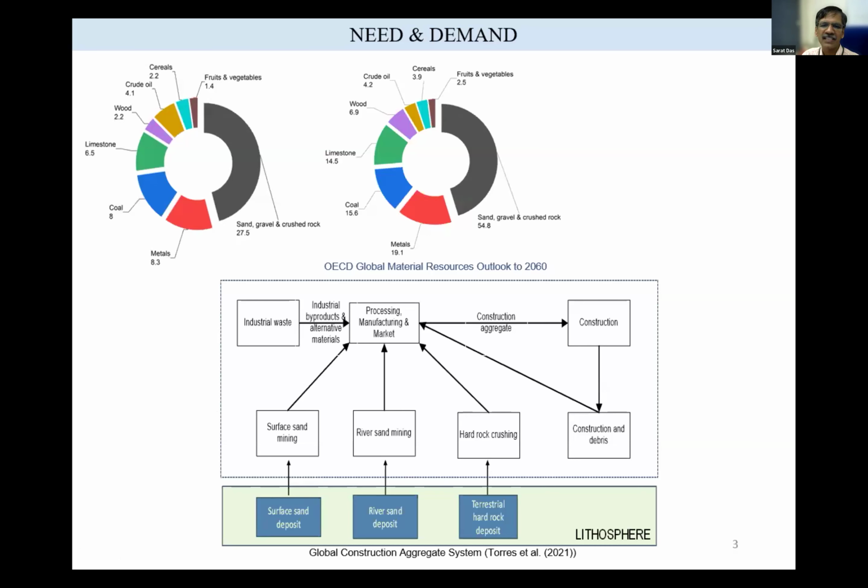So many states in India are going to stop river sand mining. The alternate source is surface sand deposits, like the Evelyn deposit, one example I can give. The third option is hard rock crushing, which is now mostly being followed in many parts of India.